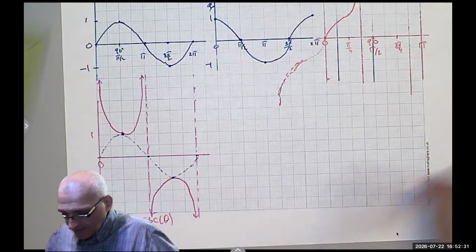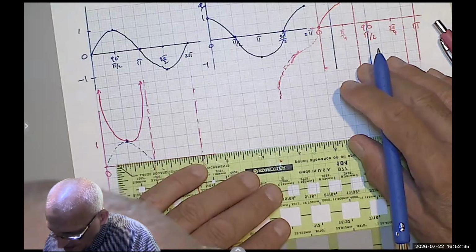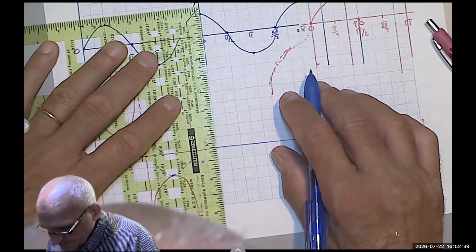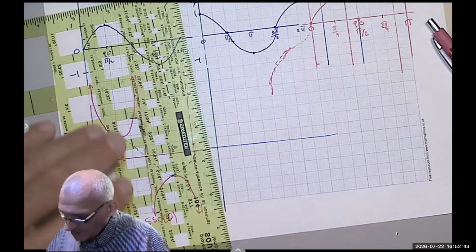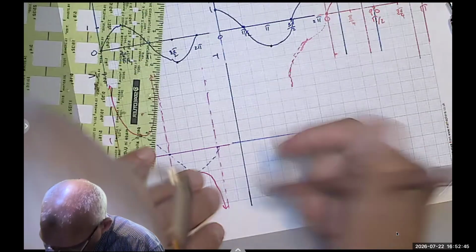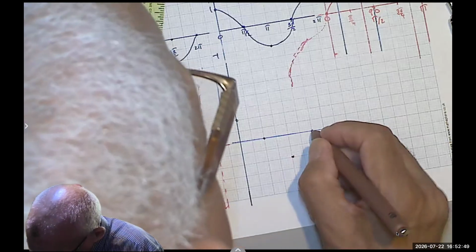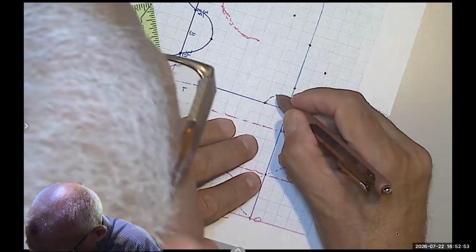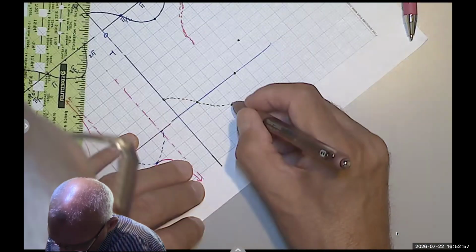Here it's the exact opposite. Again, the easiest way to plot it is to draw the cosine curve. Here it's 1, 0, negative 1, 0, 1. So it's looking like that. You can draw it with a pencil and then erase it at the end.